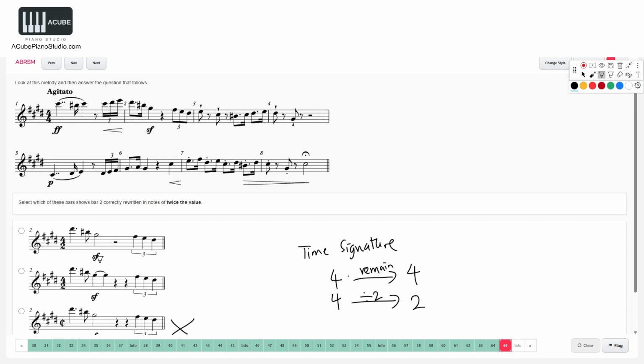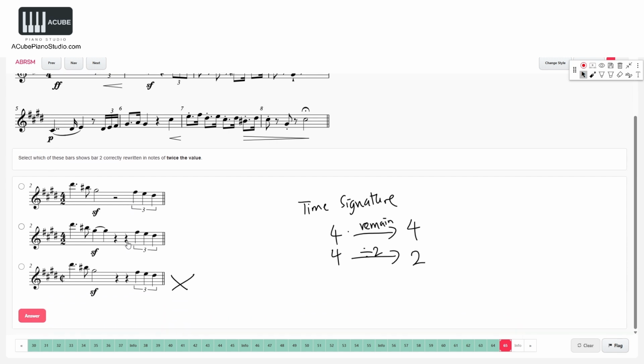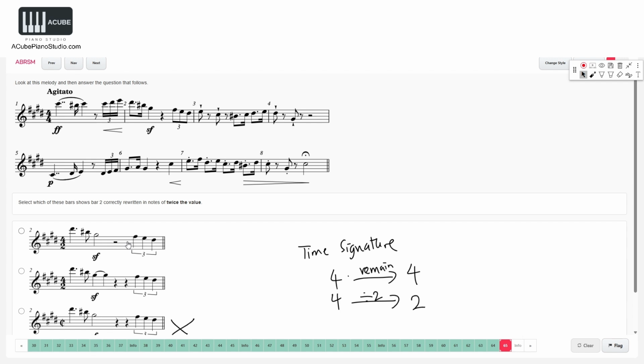So we are left with these two to look at. Now I have 4 time. I want twice its value, right? Bar 2 is here.